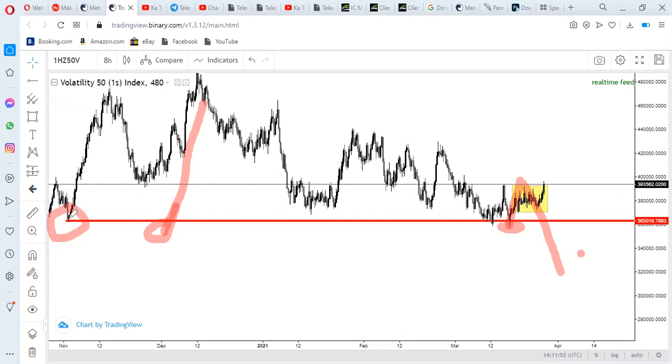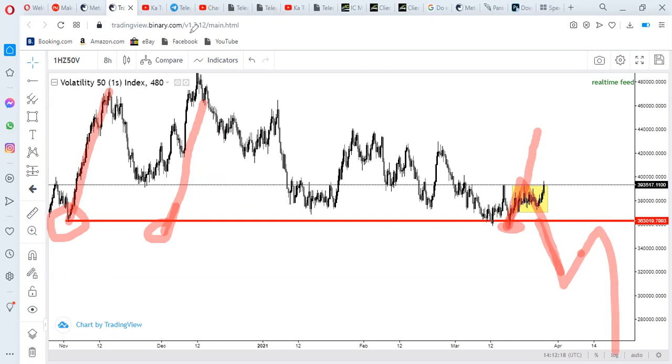Right after price hit this area, we got a very strong momentum to the upside, meaning the buyers are strongest here. So before price can continue to the downside, we have to get a breakout of that region, retest, then continue to the downside.